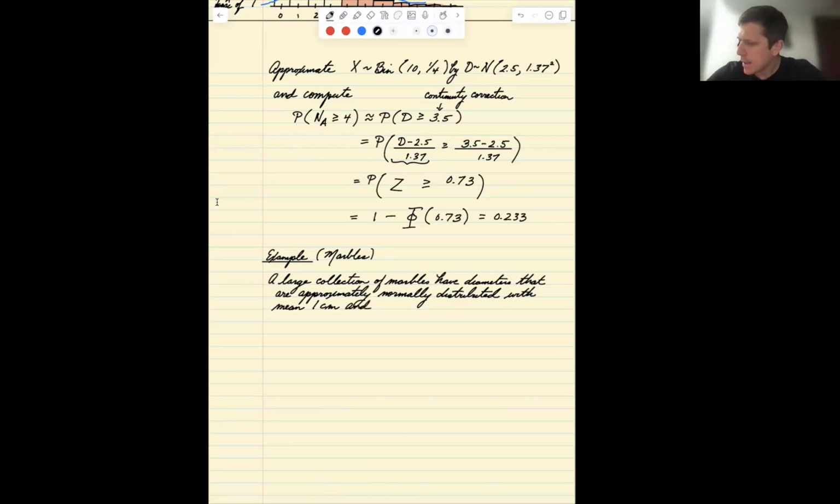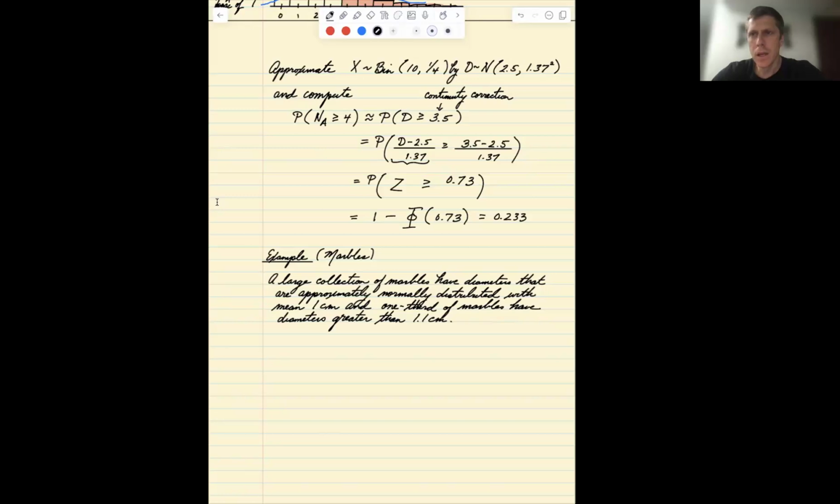And we also know that 1/3 of the marbles have diameters greater than 1.1 centimeters.